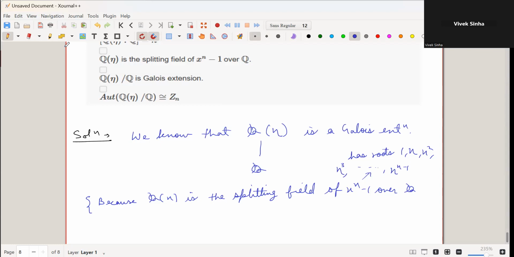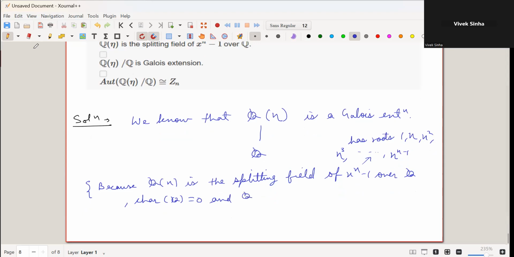So it's a splitting field, and the characteristic of Q is 0. The characteristic of Q is 0, and Q of zeta over Q is an algebraic extension as well, right?